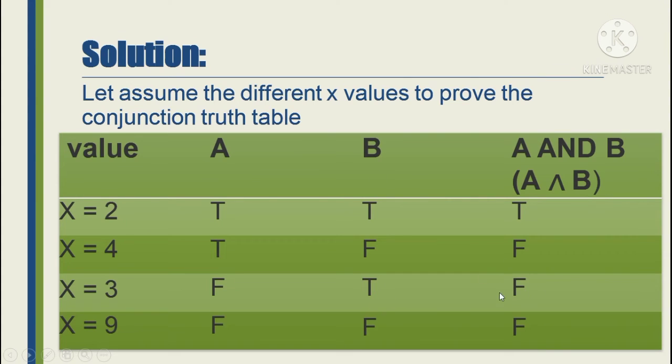So, the answer is false. And if the value of x is equal to 9, di ba yung 9 is not an even number? Kaya yung condition natin sa A is false. And sa letter B naman, hindi siya prime number, kaya siya ay false. So, ang naging output niya class is false. Naintindihan po? Okay.